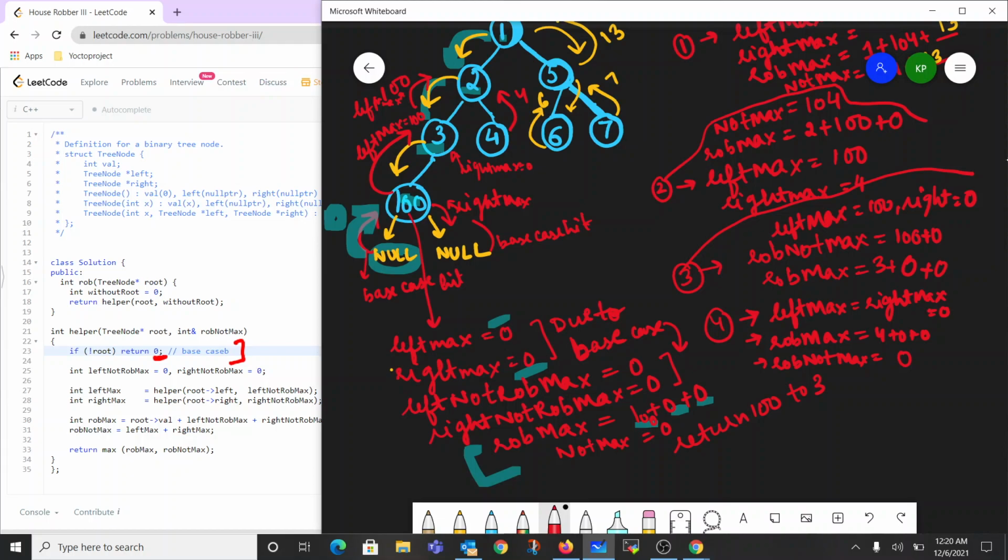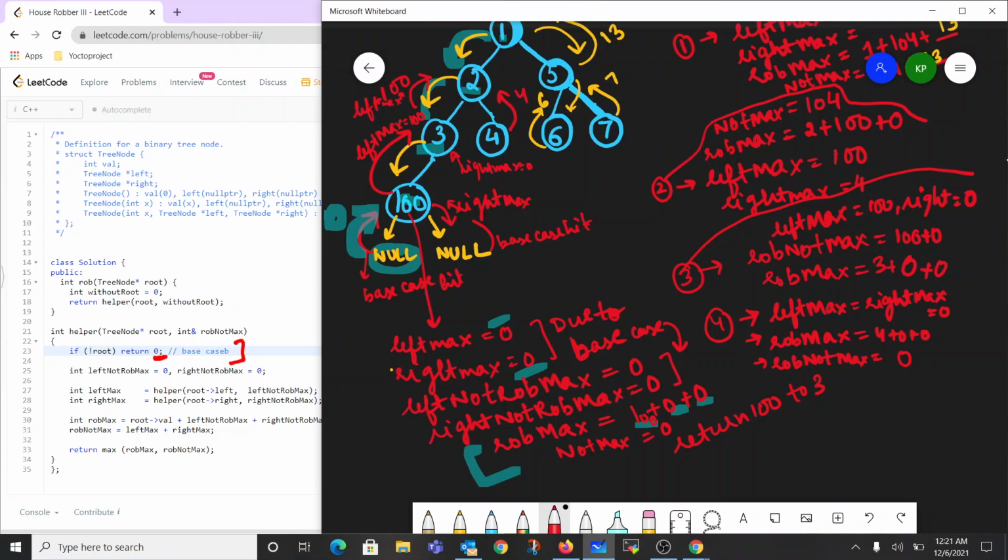So here the left not rob max and right not rob max both have 0 value, plus the root value. Then rob not max would have the value 100, that is left max, and right max 0. So our final value which would be returned would be 100.